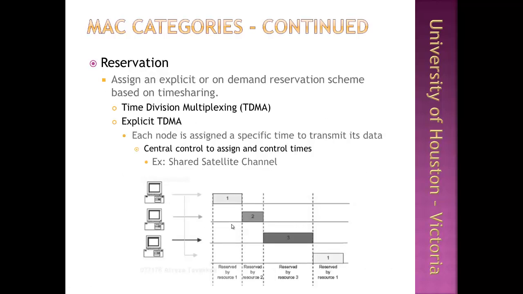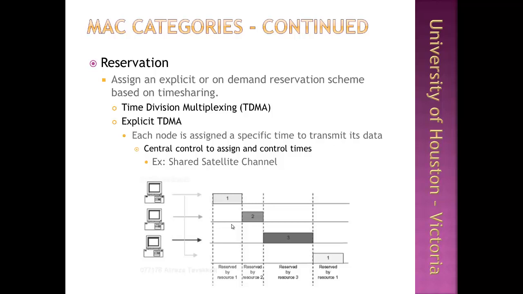Another approach to sharing a medium is to assign an explicit reservation scheme or an on-demand reservation scheme, where the time on the medium is shared by dividing it into slots, also known as time division multiplexing, or TDM. In an explicit scheme, each node is assigned reserved time slots to transmit the data.